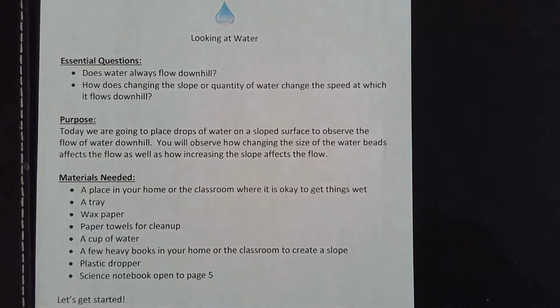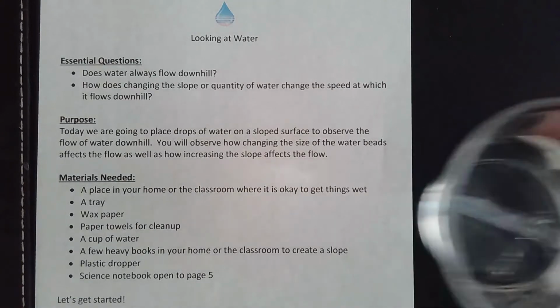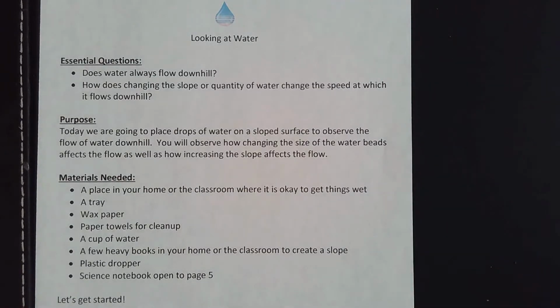You're also going to need wax paper, paper towels for cleanup, a cup of water with a plastic dropper, and a few heavy books that you have in your home that you can use to create a nice slope that we will be looking at to see how steep we can make it.